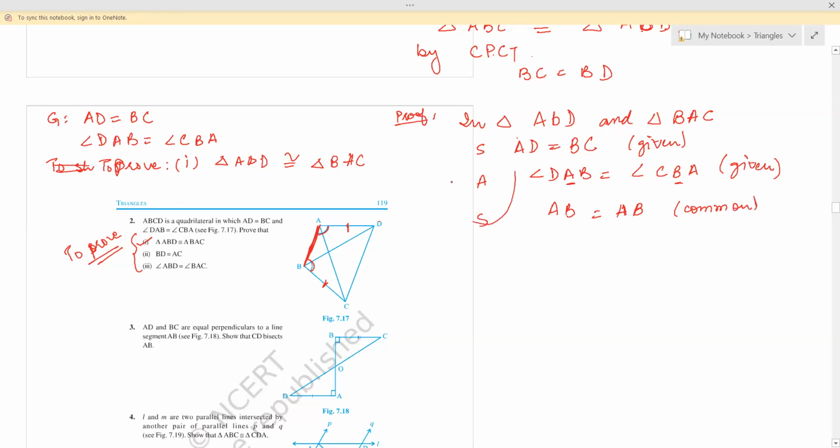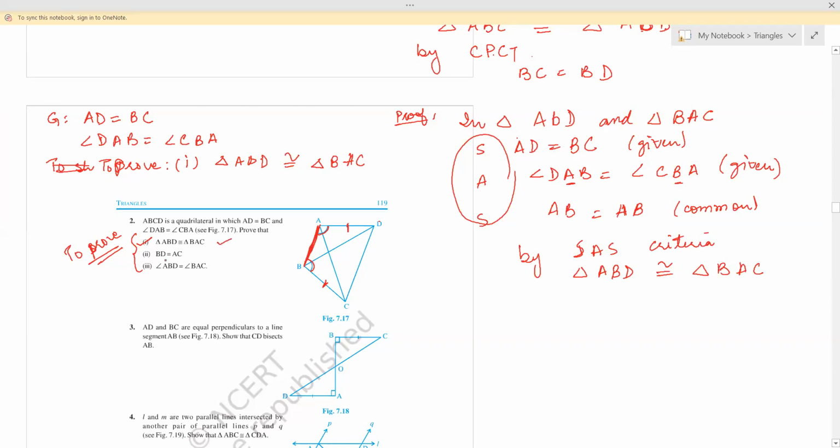Which criteria does it become? SAS. So by SAS criteria, triangle ABD is congruent to triangle BAC. Okay, so first thing we have proved.